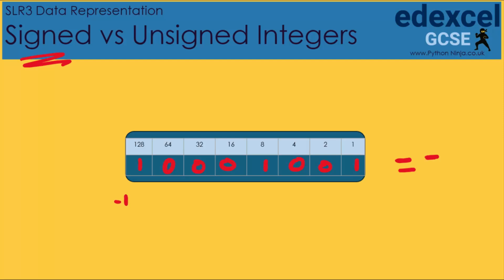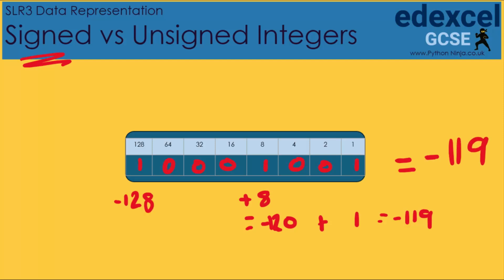So it's minus 128 plus 8, which means we are now at minus 120, plus 1, which means we are now at minus 119. So the number being represented, the signed integer, is minus 119.